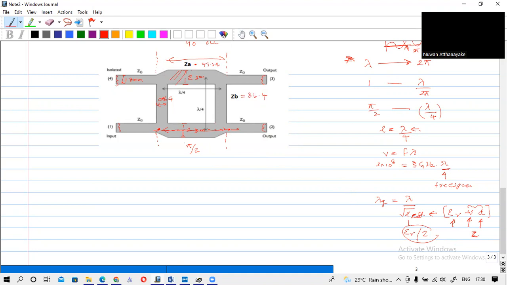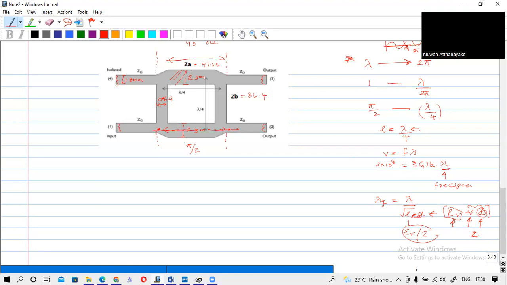Okay, so it has different characteristic impedance, but the dielectric constant and the thickness of the dielectric material are the same.